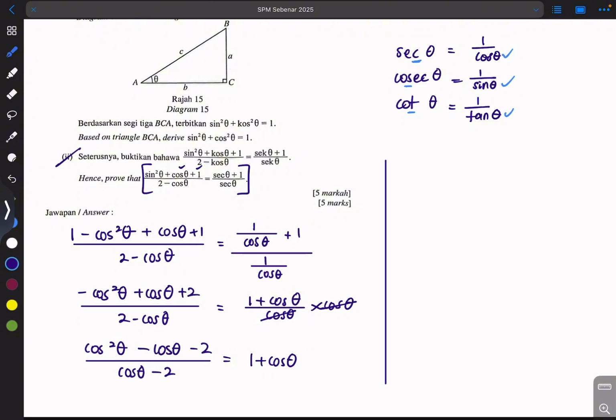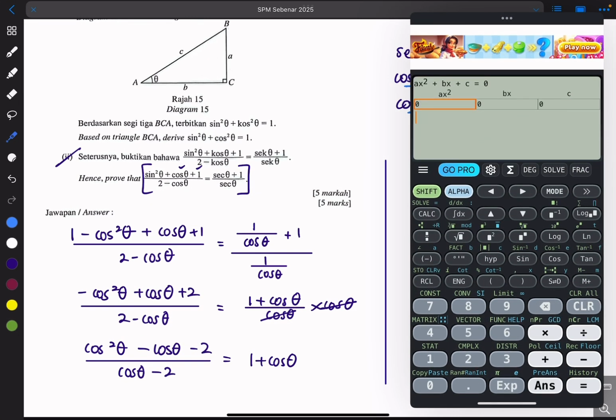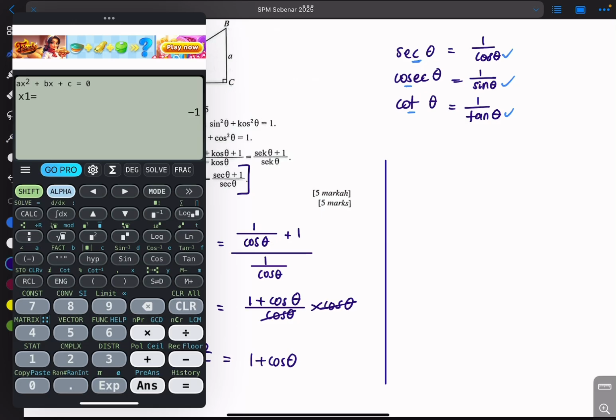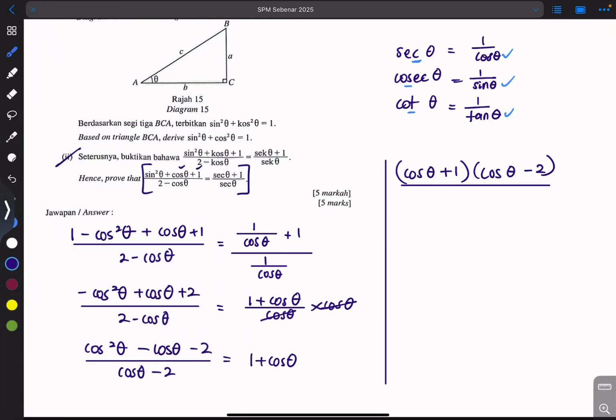Let's continue here. Top here we can factorize. A is 1, B is negative 1, C is negative 2. So we will get cos theta plus 1 and cos theta minus 2, and this whole thing over cos theta minus 2 equals to 1 plus cos theta.